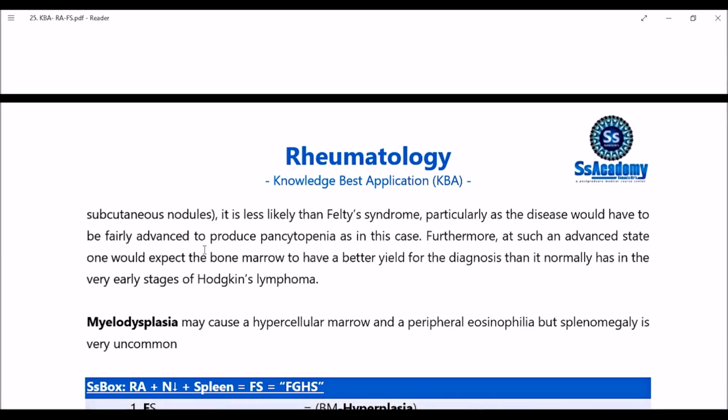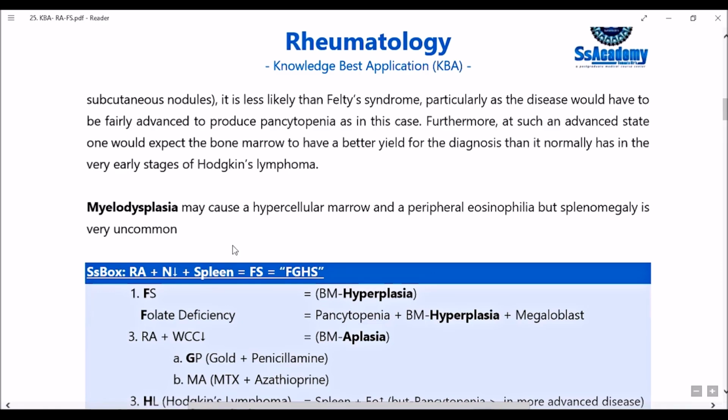Furthermore, at such an advanced stage, we would expect the bone marrow to have a better diagnostic yield than it normally has in the very early stages of Hodgkin's lymphoma. Myelodysplasia can cause hypercellular bone marrow, with peripheral eosinophilia, but splenomegaly is uncommon.